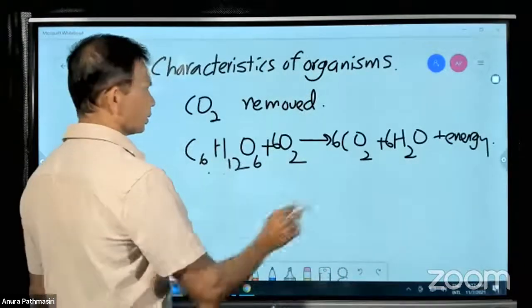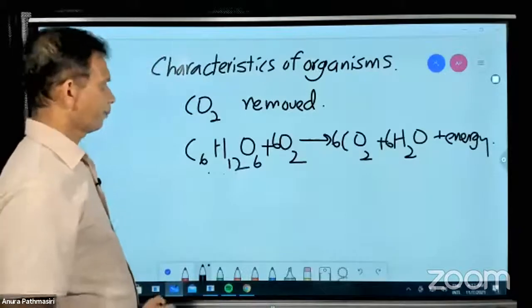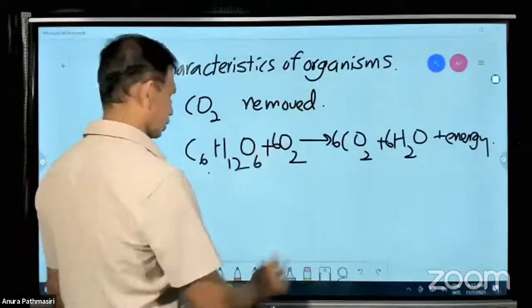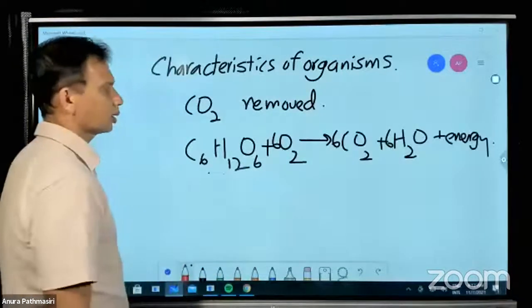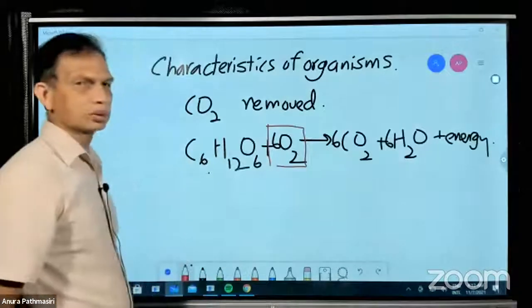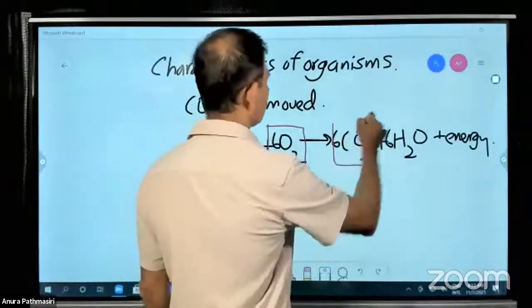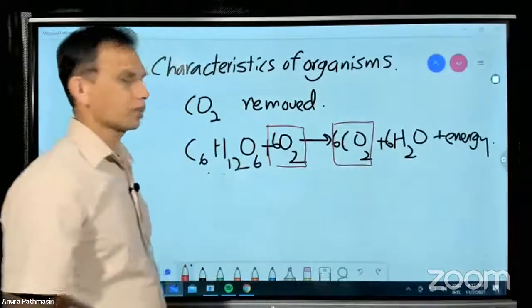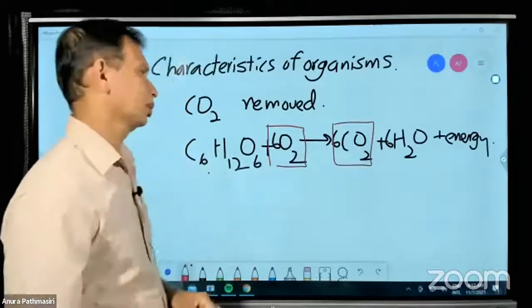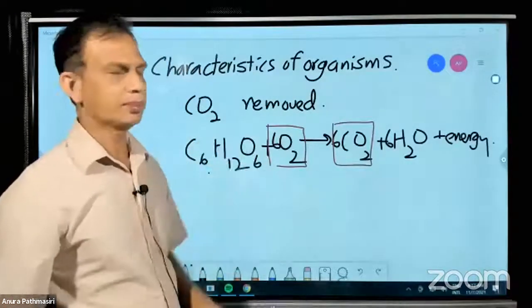This happens in the mitochondria in a cell. So glucose is there and oxygen. We want to test in this unit, to experimentally prove, that oxygen is required and carbon dioxide is produced.